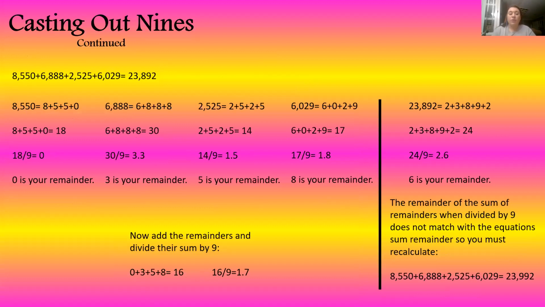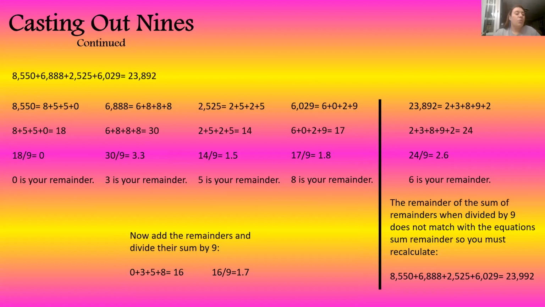Same thing, casting out nines. So now we have different numbers and a different outcome. We have 8,550 plus 6,888 plus 2,525 plus 6,029, which tells us it's supposed to equal 23,892.